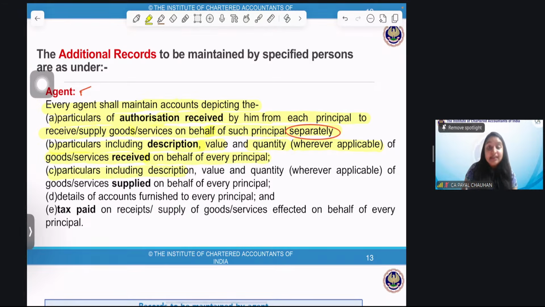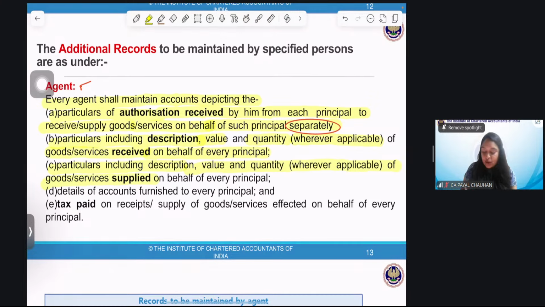Particulars, including description, value, quantity, wherever applicable, of goods and service supplied on behalf of every principal. So, up till now, we've covered 3 points. First, authorization, then the goods and service received, and the goods and service supplied on behalf of my principal.